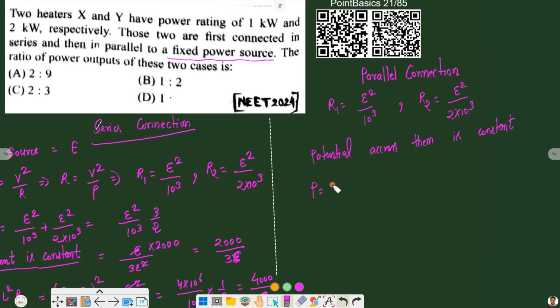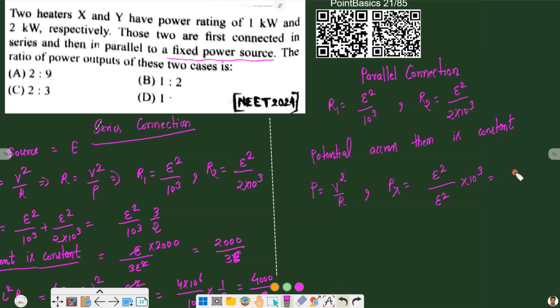So power is V square by R. Now Px will be E square by R, where for X the resistance is E square by 10 raised to power 3.